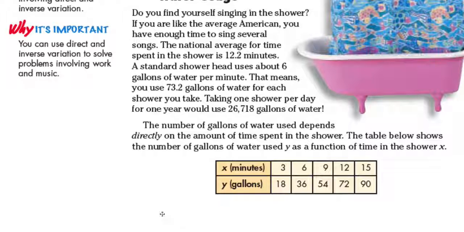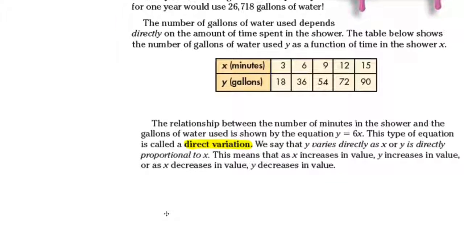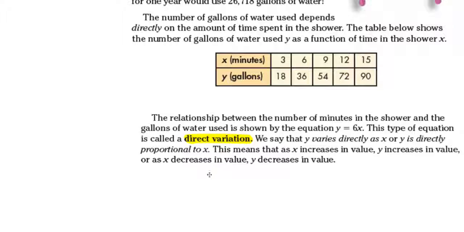Okay, so the relationship between the number of minutes in the shower and the gallons of water used is shown by the equation y equals 6 times x, where x represents the number of minutes. This type of equation is called a direct variation equation. We say that y varies directly as x, or y is directly proportional to x.